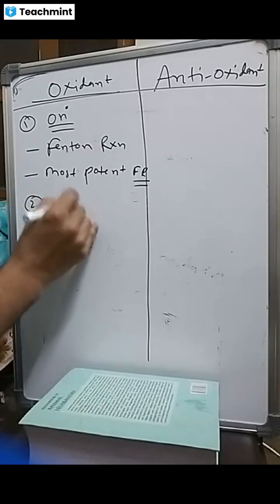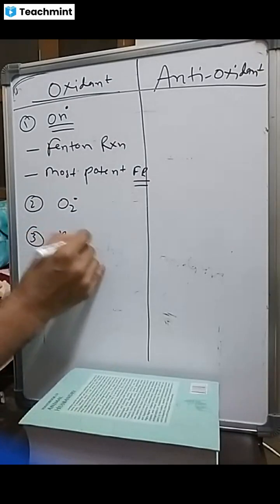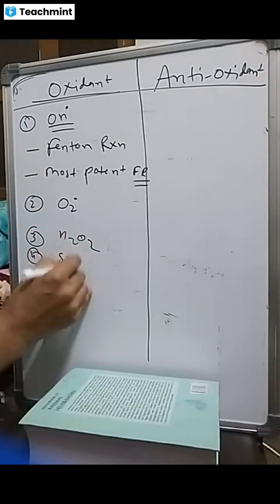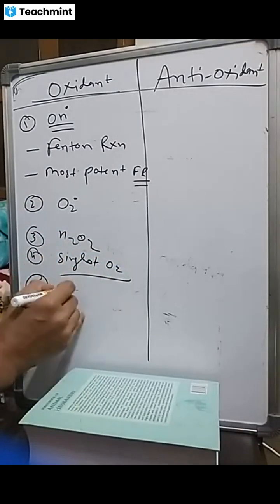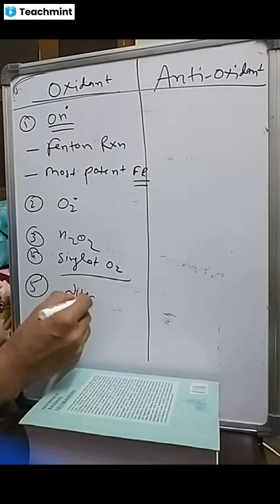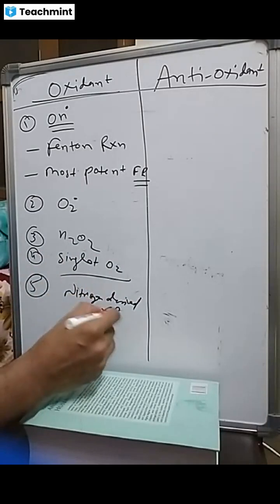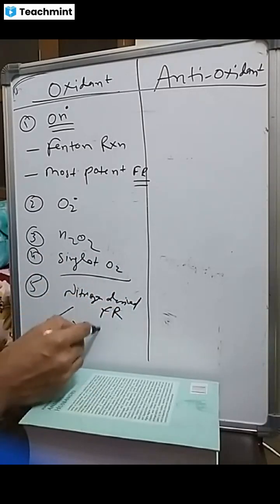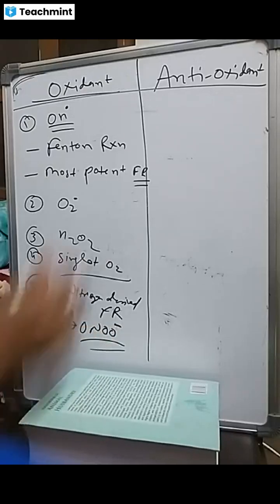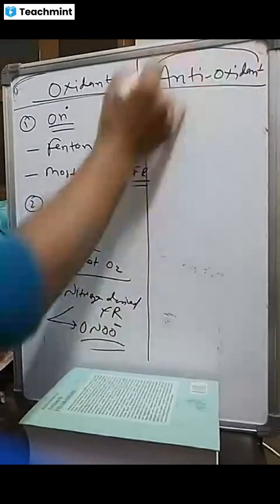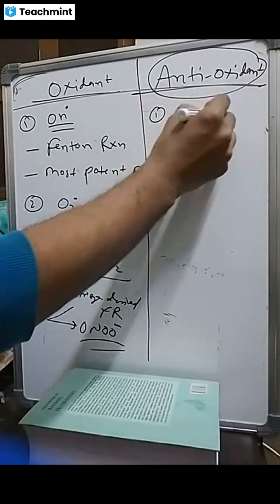Second is the superoxide radical. Third is hydrogen peroxide. Number four, singlet oxygen. Number five, nitrogen-derived free radicals like nitric oxide.